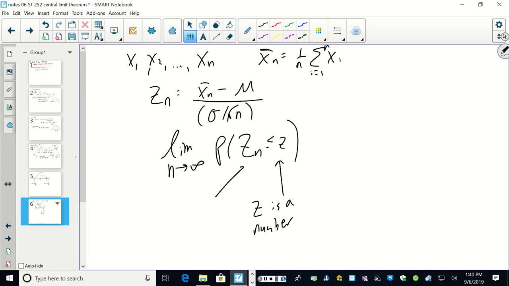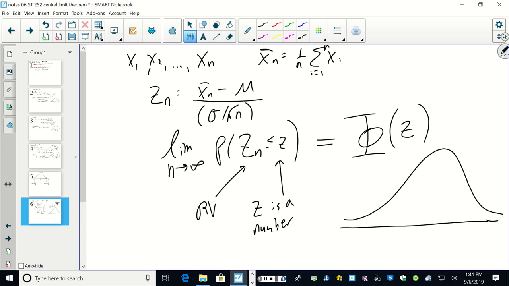The Z sub n is a random variable, so the probability that it is less than or equal to z, as n goes to infinity, is the cumulative distribution for a normal.